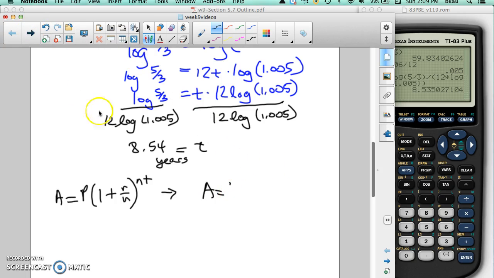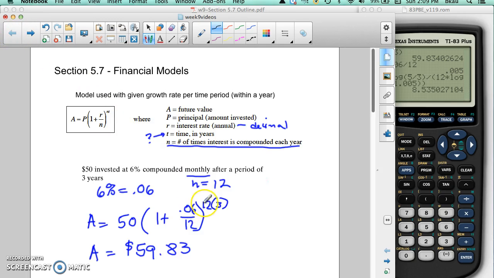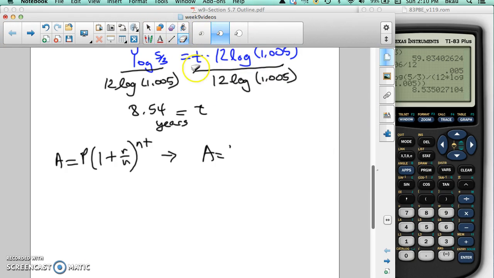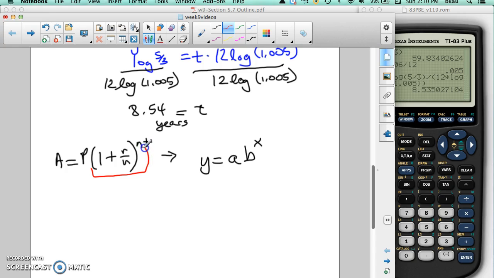Actually, it's going to be y equals ab to the x power. We're going to use this in the next video. What we're saying here is that this part of the formula, right up to this point, is going to be the letter b in this formula.